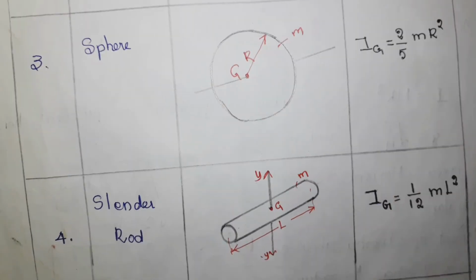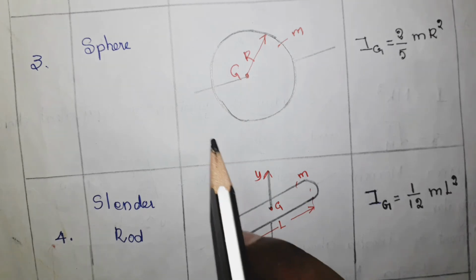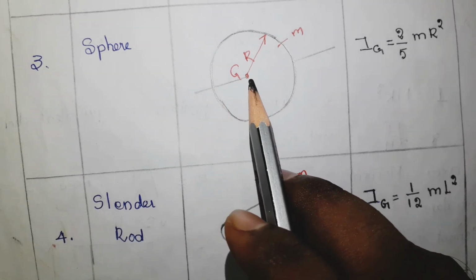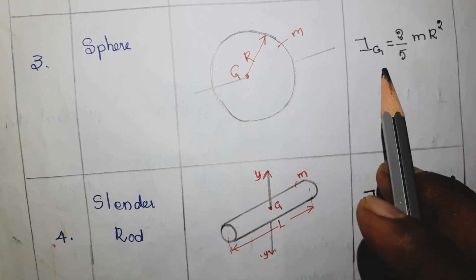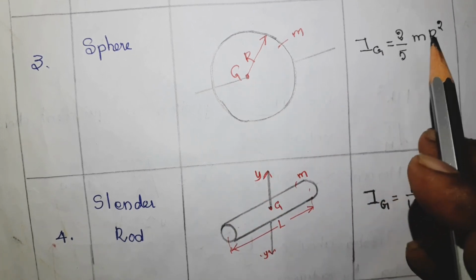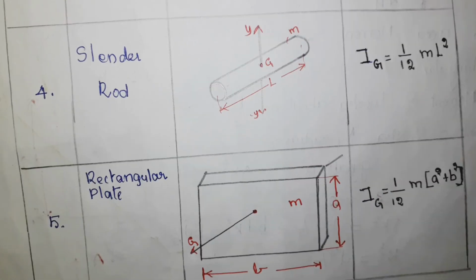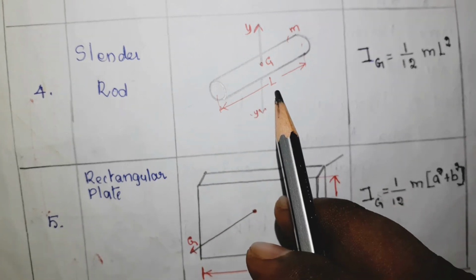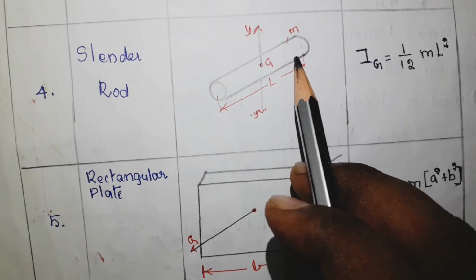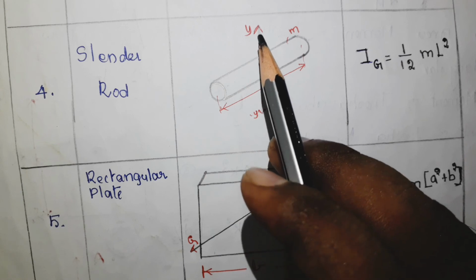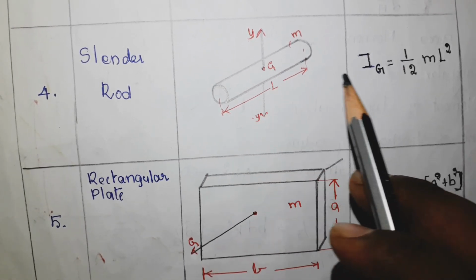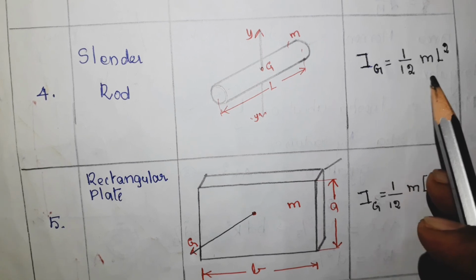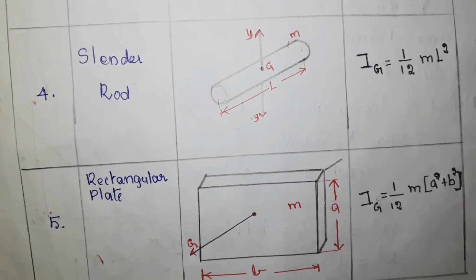Now the third object is a sphere. This is the sphere, this is the center of gravity G, and about which the mass moment of inertia is 2 by 5 m r square. The next one is a cylinder rod of length L and mass m. This is the position of center of gravity, this is the axis, and the mass moment of inertia with respect to this axis is 1 by 12 m into L square.